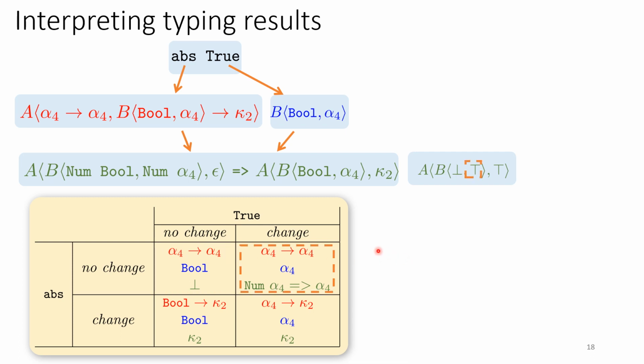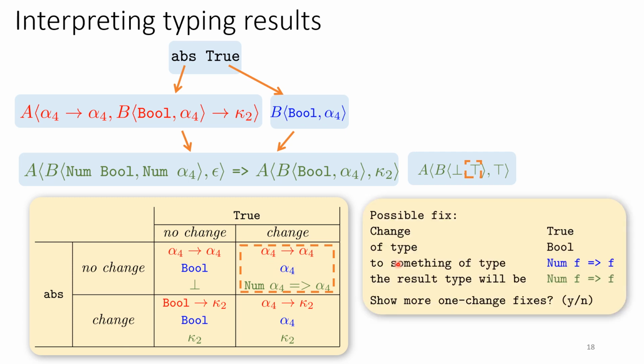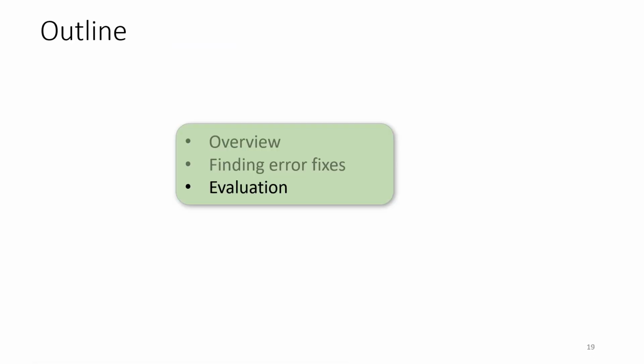But if we choose the second alternative, if we choose to change true but not abs, which means that we will take the second alternative of B and the first alternative of A, we can see that we have a top sign here, which means that by changing true, we can indeed fix the type error. And moreover, we know what type true should be changed to, as in the blue color. And from this, we can generate this type error message, and the color indicates where this information comes from. So this is how we generate type error messages.